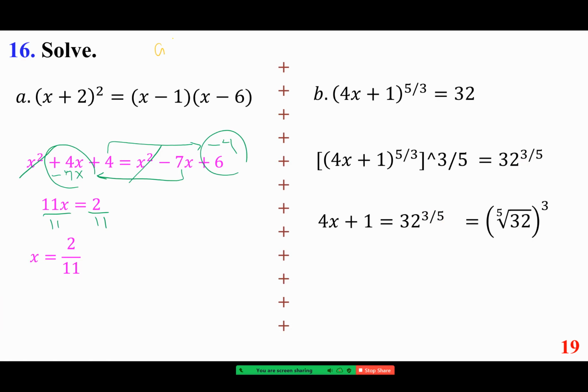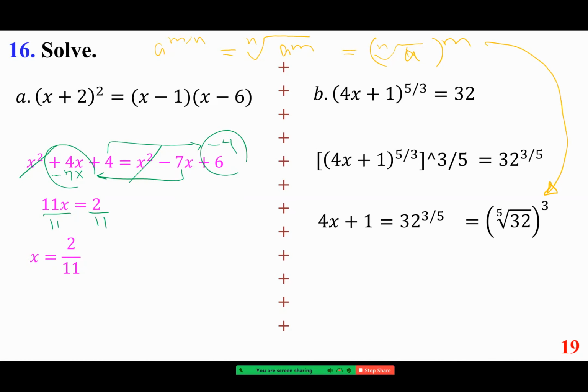A to the power of m over n, we can write it as the nth root of a to the power of m, or we can write it as the nth root of a, to the power of m. And that's exactly what we are doing because it makes it easier to do it that way.